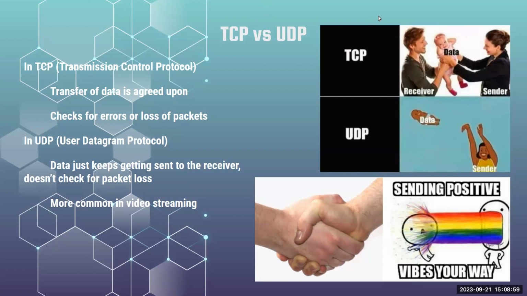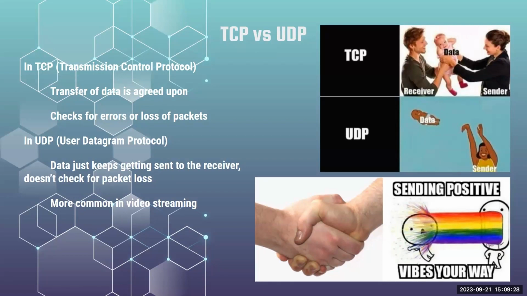TCP is basically, you can see here, there's a picture of mom and dad. They're agreeing on handing each other the baby. But in UDP, it's just giving it. So essentially in TCP, the transfer of information is agreed upon between two computers or two people that are interacting.